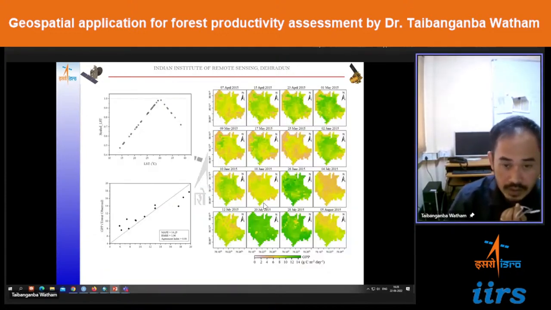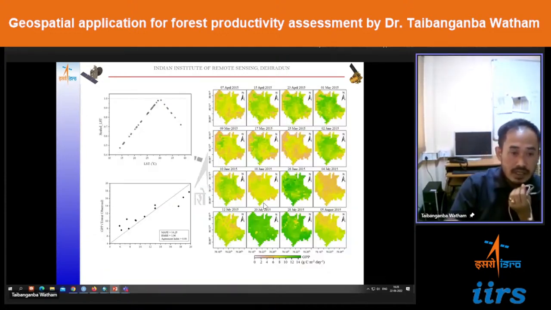So using this temperature greenness model, you can see how we have scaled it for this Barkot forest: with the increasing temperature, the scaled LST value increases.